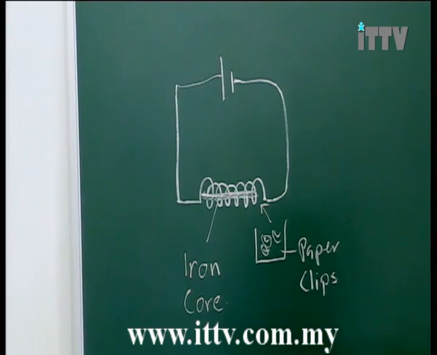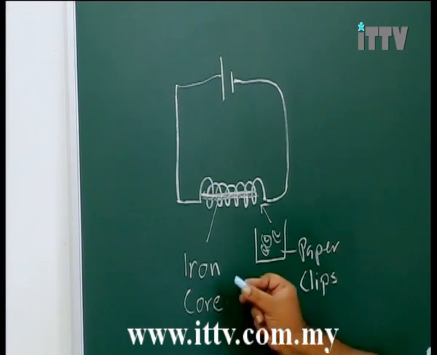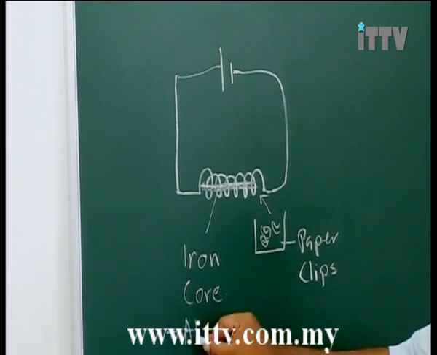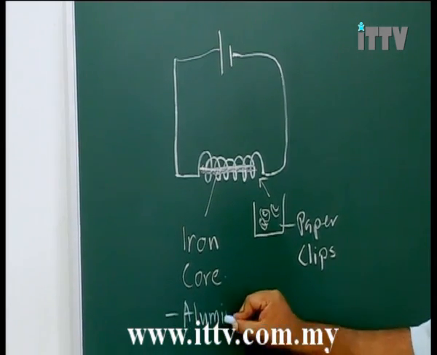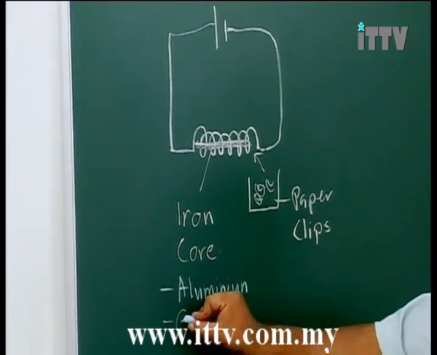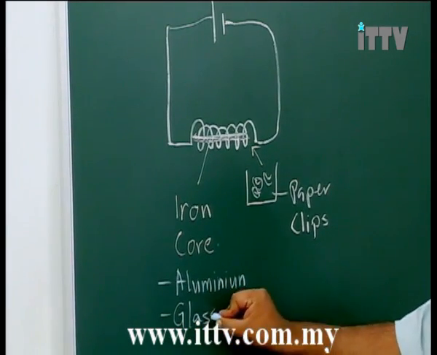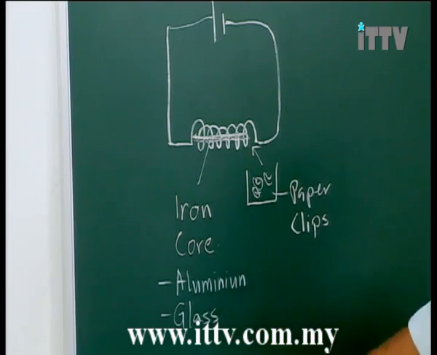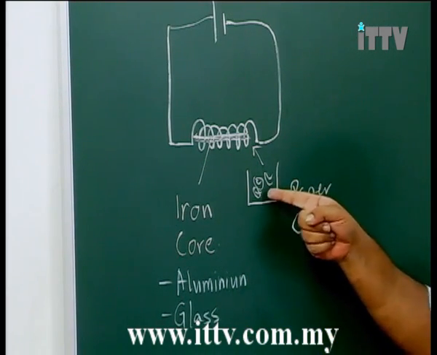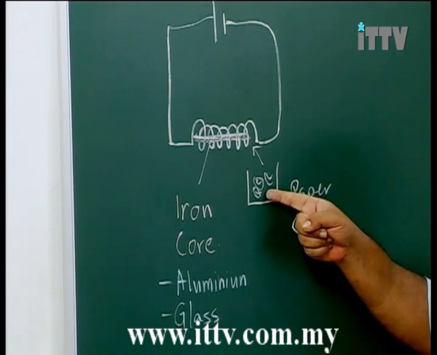Once we've done this, we repeat the experiment by replacing the iron core with aluminium and then with glass. What we notice is, with the iron core, we pick up a large number of paper clips.